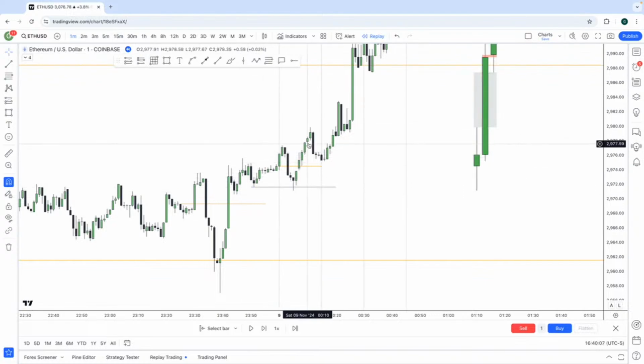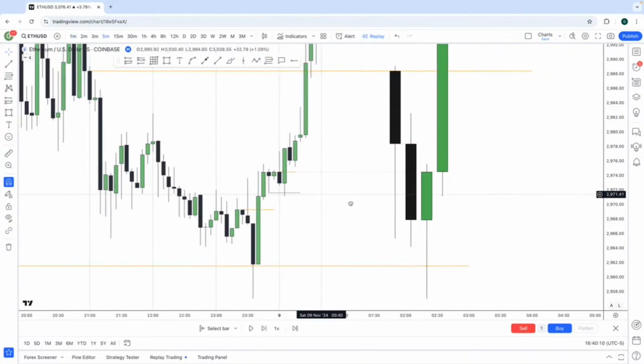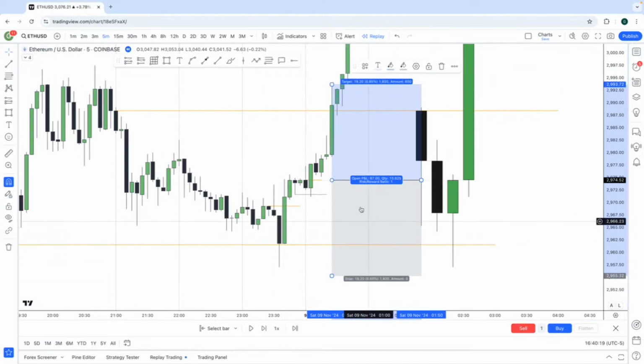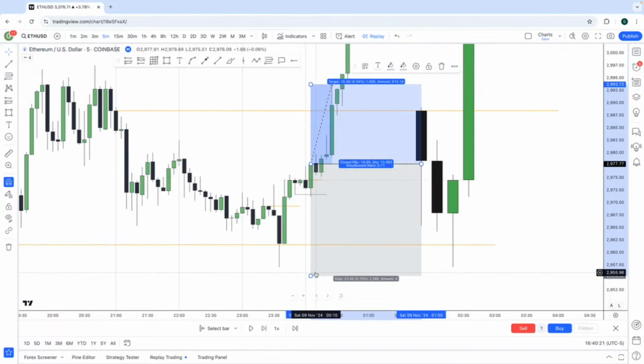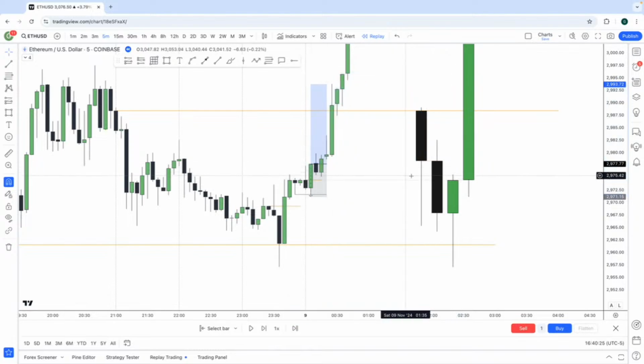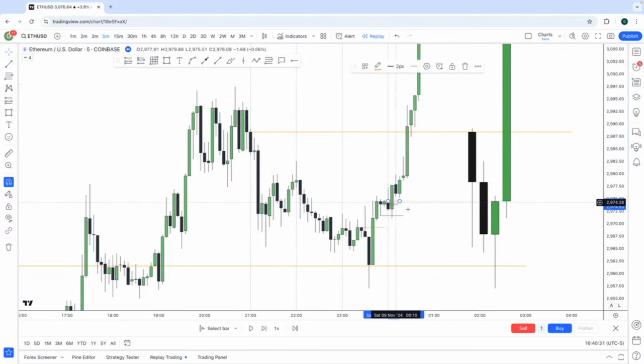Expansion into low, expansion away. But we don't have to see that necessarily. And then you get your CSD here, and you can either enter like this, which you would have missed. But if you're like AM trades where you just market execute on the CSD creation, you can take this up to here. So pretty cool right there.